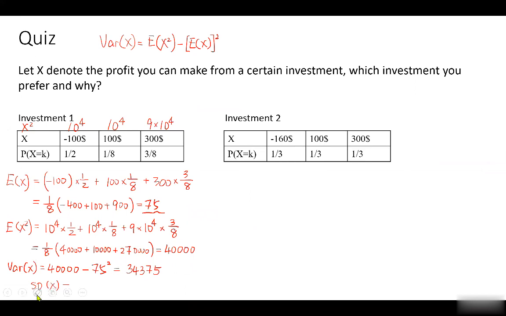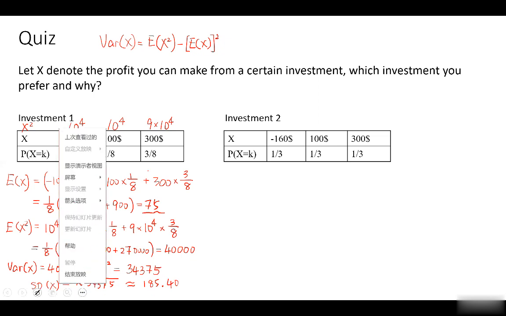So the standard deviation of X is the square root of 34375, which is approximately 185.40.